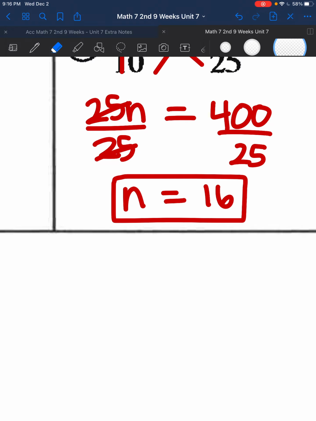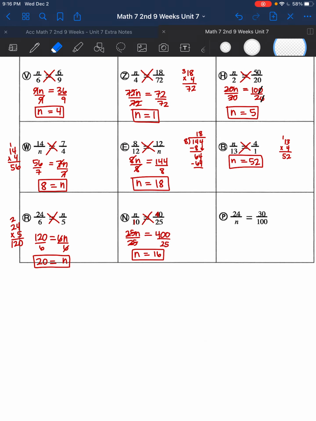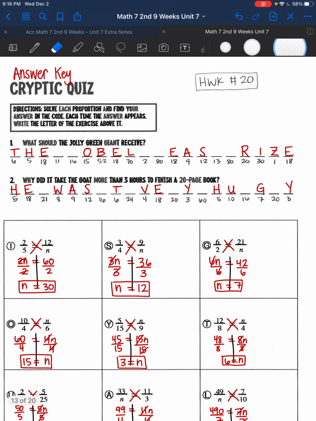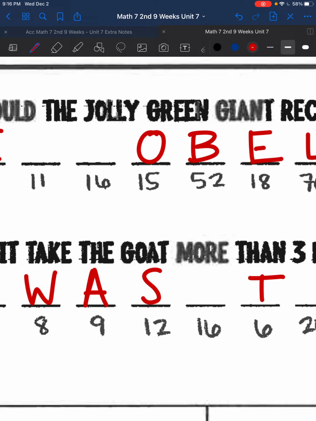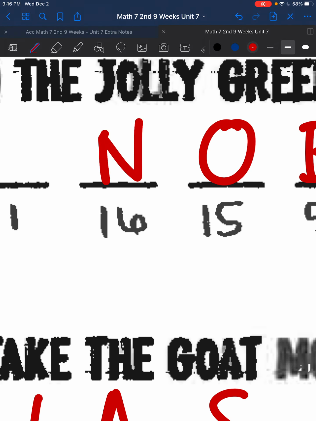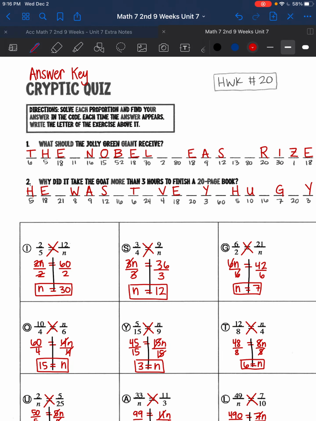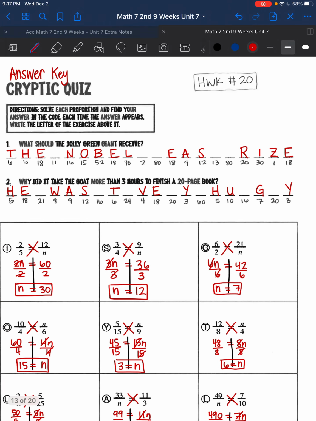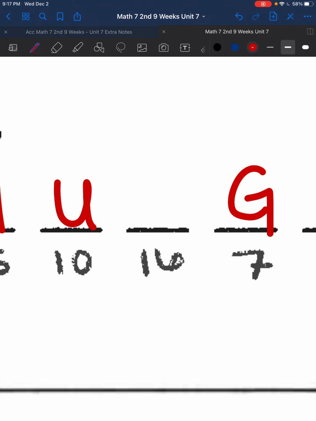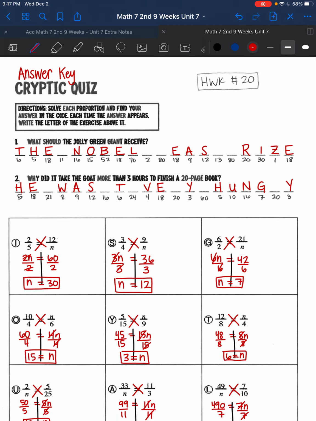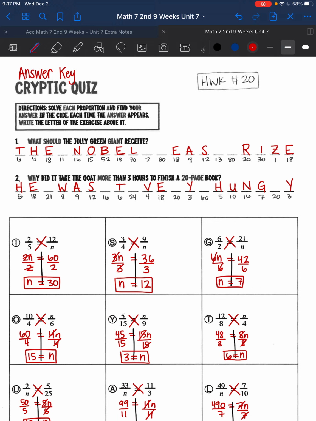So 16 is our answer. N equals 16. So anytime I see a 16, I'm going to write the letter N. So any other 16s?